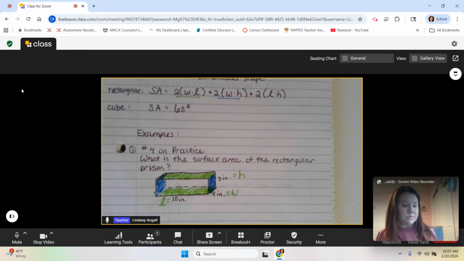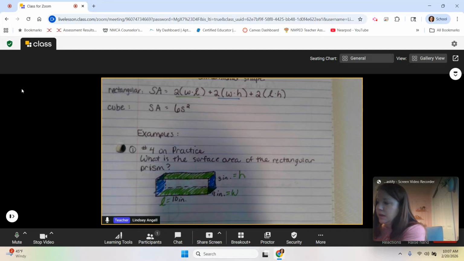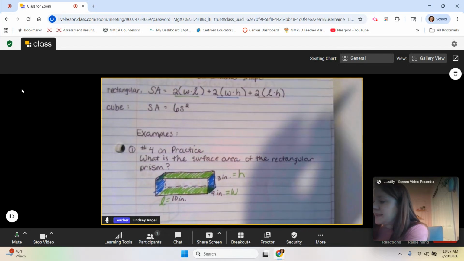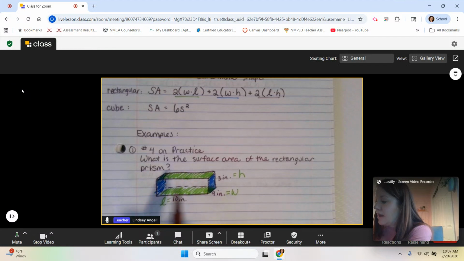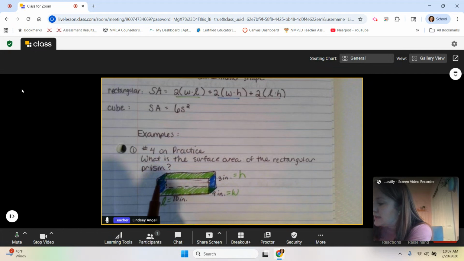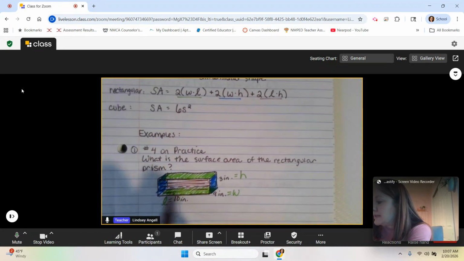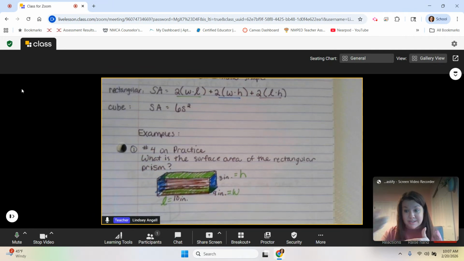Maybe I'll use this pink kind of color. These ones here, length times height, that would be, well, here's my length and here's my height. That's like the front of the box. That's this right here. So that did not go as well as I wanted it to, but it's also identical to the back of the box, right? So we have 2 of each, and so that's why we multiply by 2 in our formula.